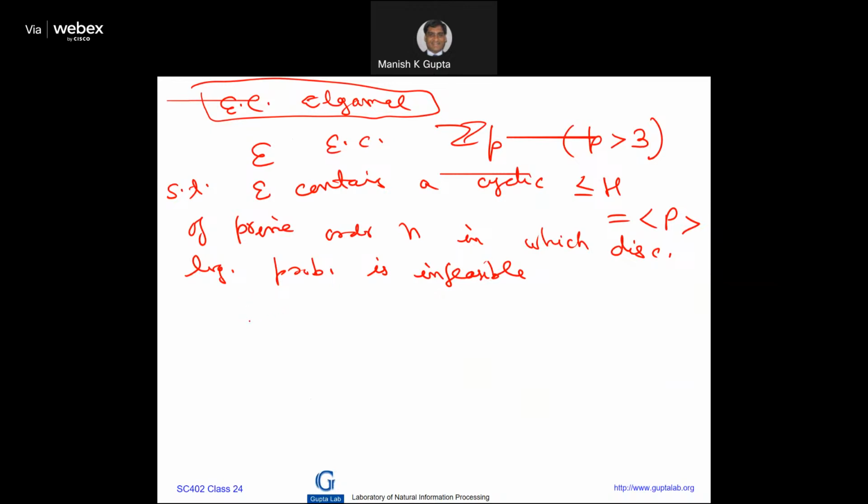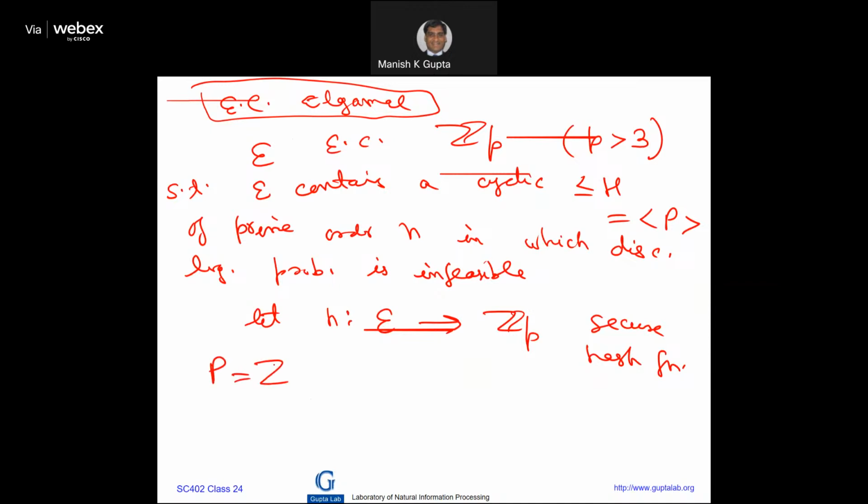So now let h be a function from E to Z_p, a secure hash function. Plain text is coming from Z_p, and ciphertext we can say is coming from Z_p cross Z_2 cross Z_p.